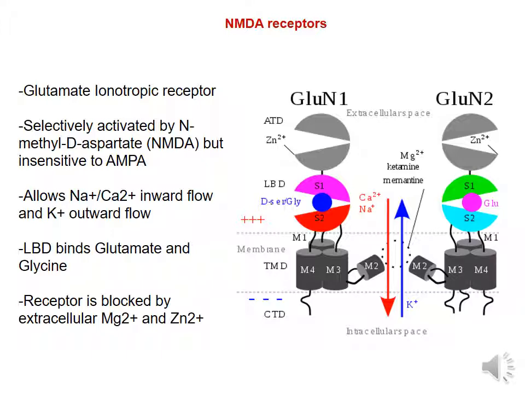And once this happens, they allow the positively charged ions to flow through the cell membrane.